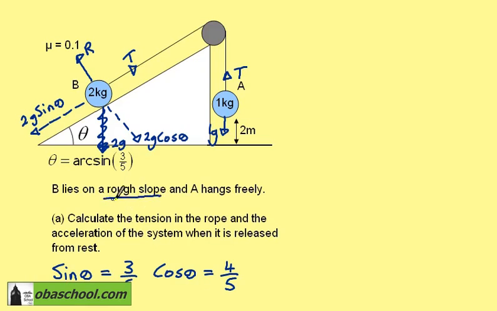Our object is on a rough slope, so there must be a frictional force. Friction, we know, will always oppose motion. If we decide that the object is going to accelerate down the slope, and this object will accelerate upwards, then the frictional force must act up the slope to oppose motion.